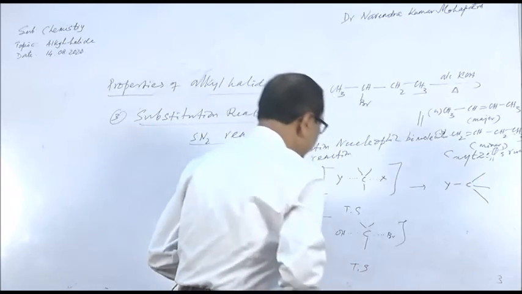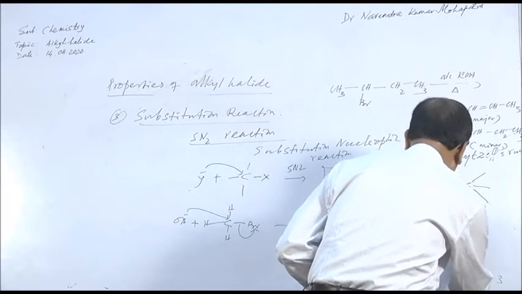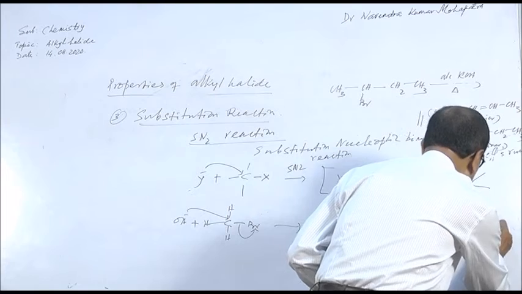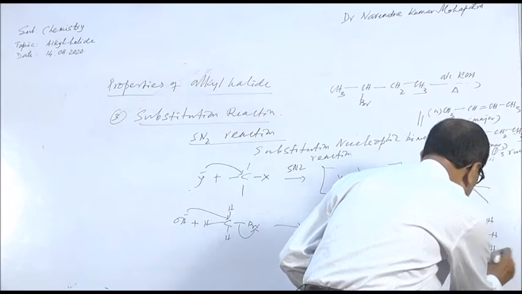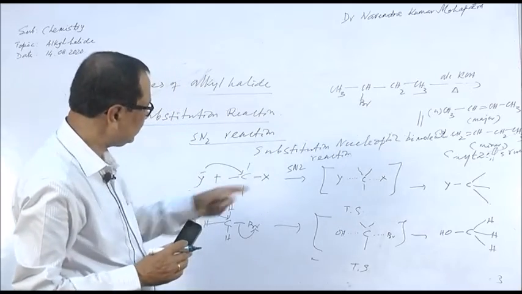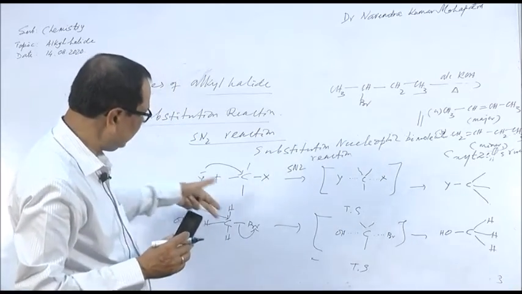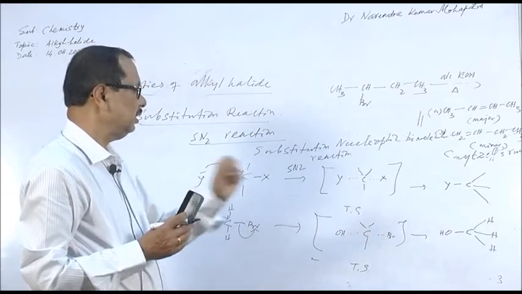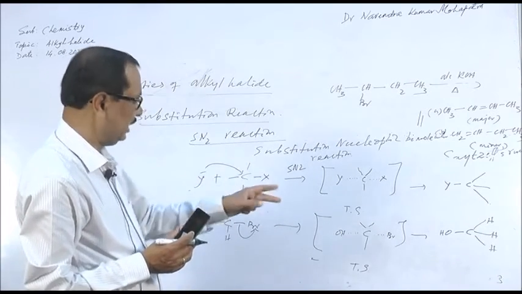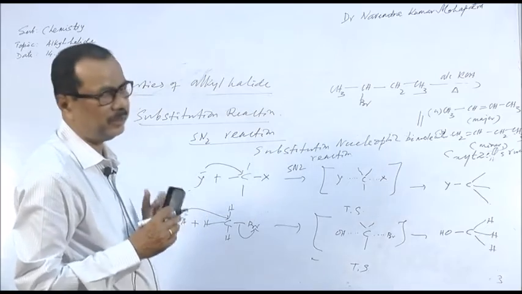Finally we get a product where inversion of configuration occurs. So the SN2 reaction is a one-step process where attack of the nucleophile and departure of the leaving group occur to give you the final product where the product is inverted. This reaction is called Walden inversion.